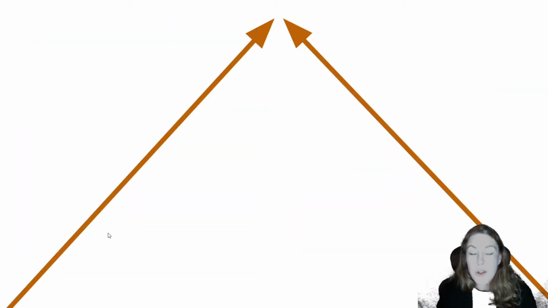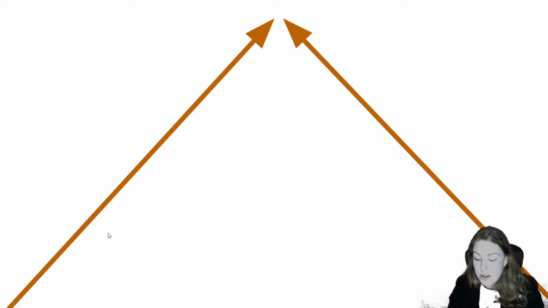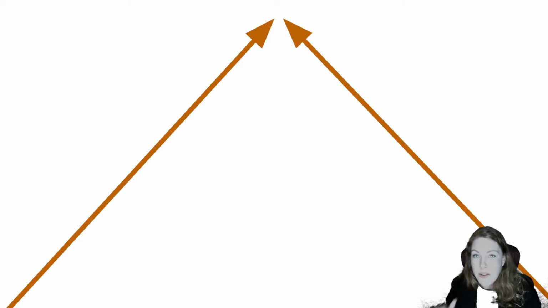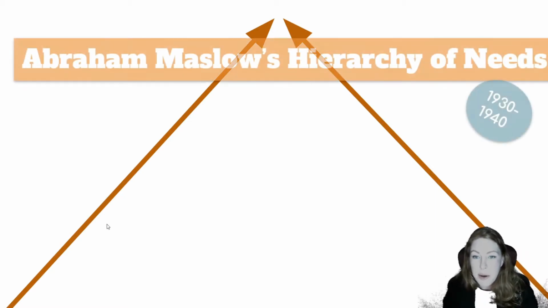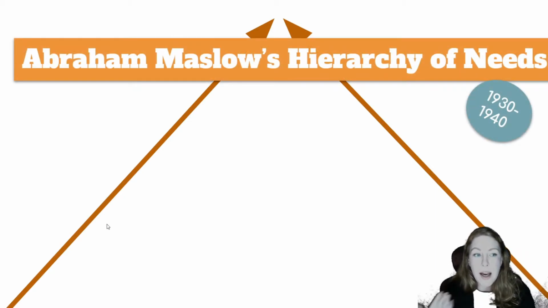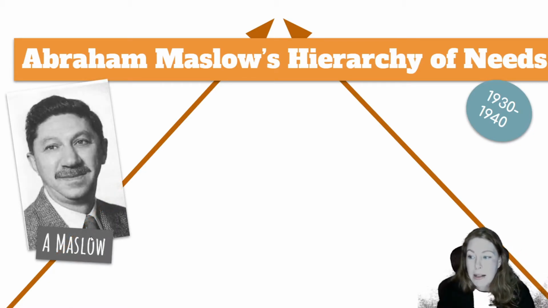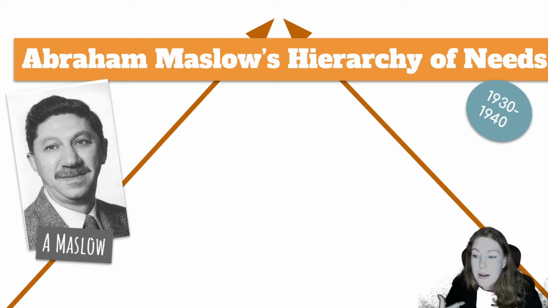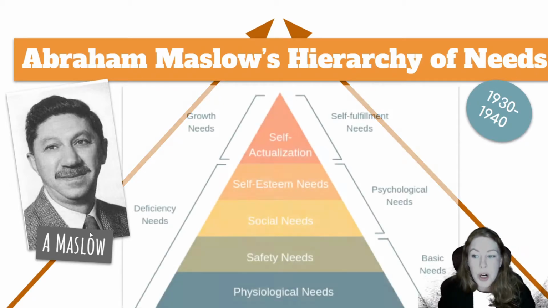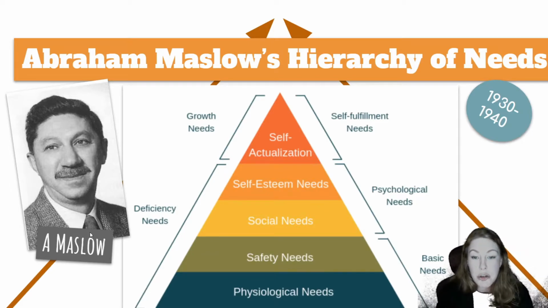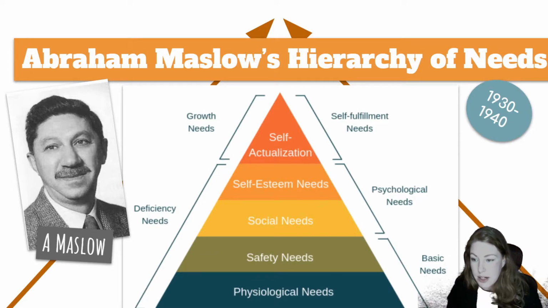All right, now we're gonna switch gears from classical conditioning to another developmental theorist called Abraham Maslow, who came up with the hierarchy of needs in the 1930s and 40s. Abraham Maslow basically perceived that there were certain needs that needed to be met for each human to attain self-actualization.